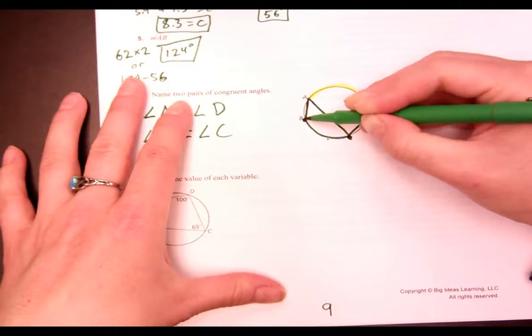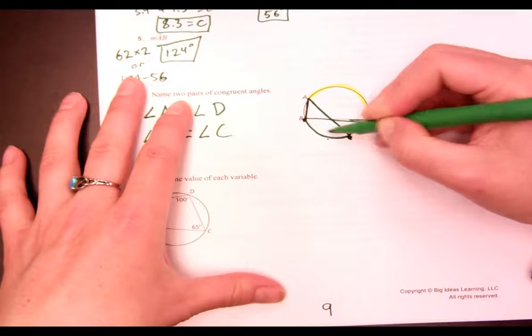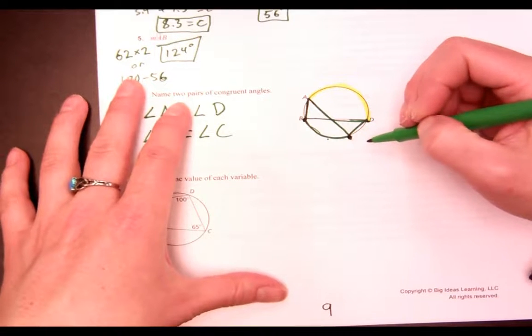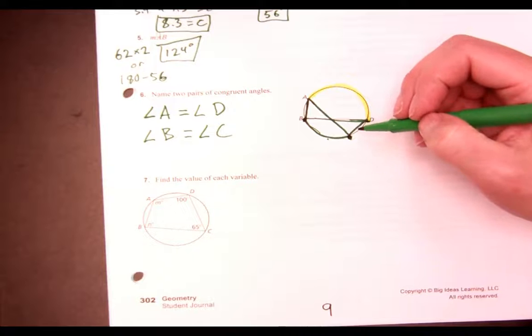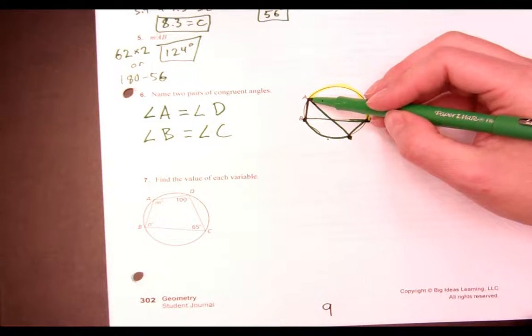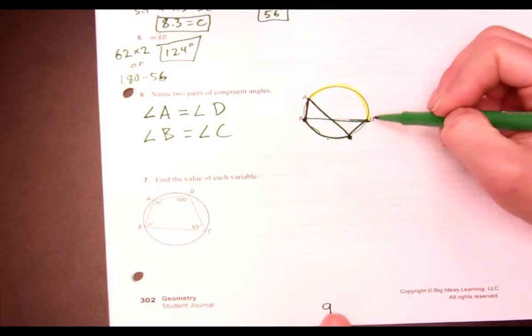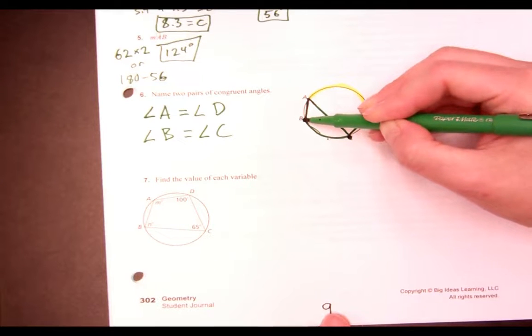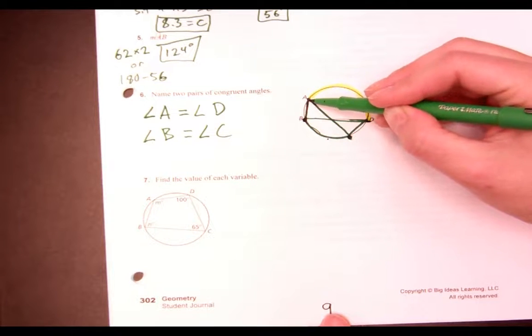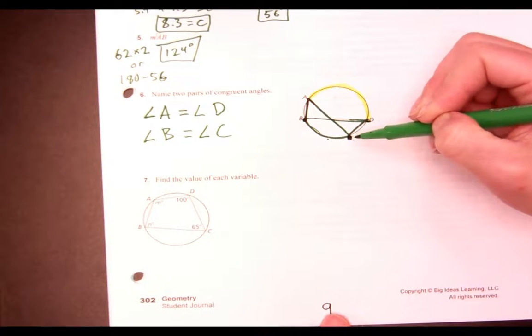And angle D touches the circle at the same two places, and therefore those are the ones that match that arc. They're inscribed angles for that arc. So it's just the placement of where it touches. This is angle A, this line comes and touches here. And D, this line comes and touches the same spot.